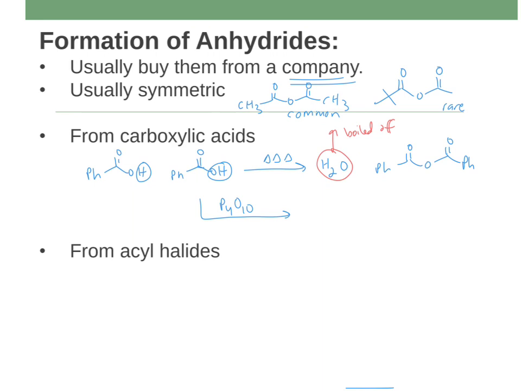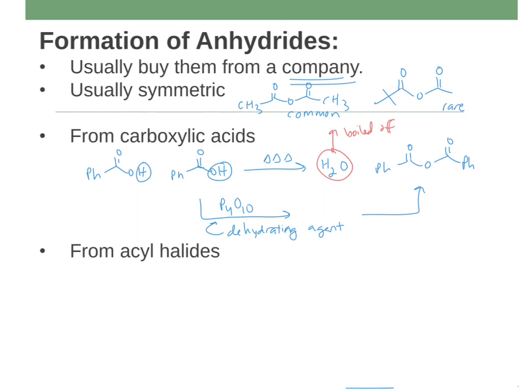It's just a dehydrating agent. And again, that would form the same product, the same anhydride. Again, people don't tend to make a lot of their own anhydrides. We just buy them. But if you had to make them, here are the two ways that you would make them. Honestly, I'm probably not going to ask you how to make them from carboxylic acids, because people don't do it.